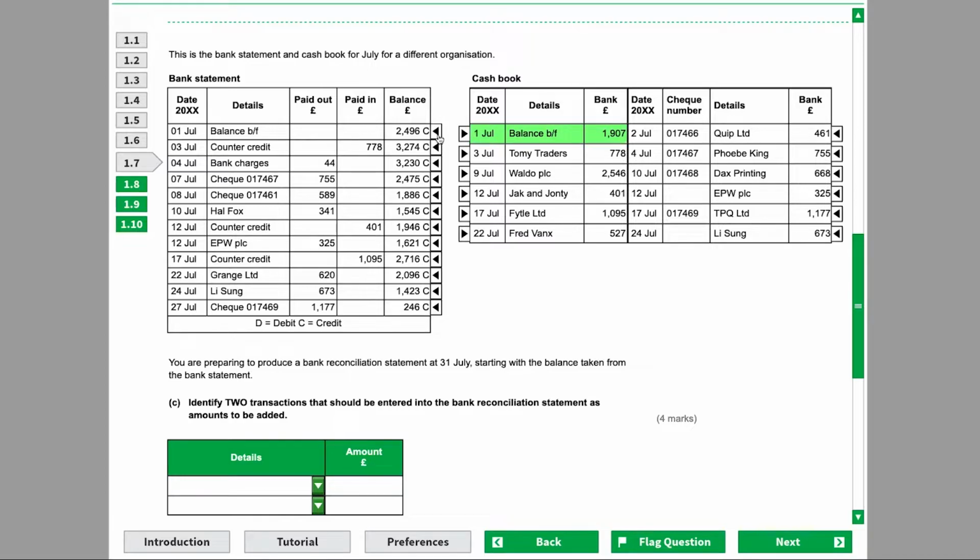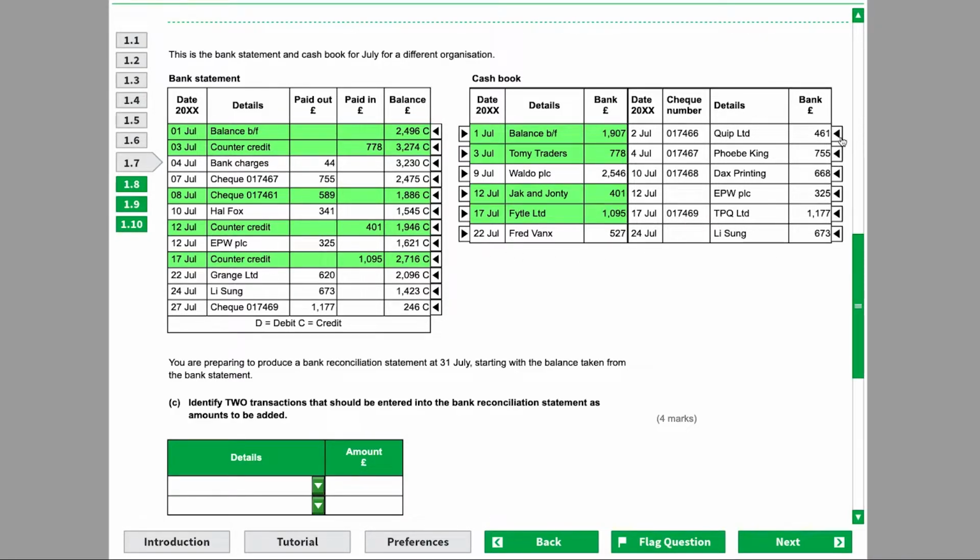So let's just check those transactions off. Let's keep going then and match off the rest. So 778, 778, 401, 401, 1095, 1095. Then move on to the credit side of the cash book.